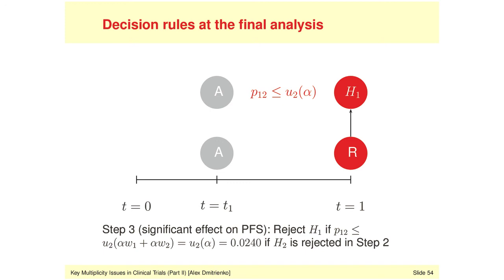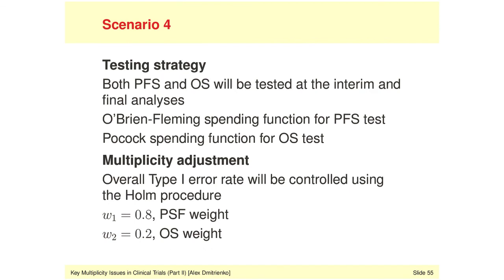This significance level is shown at the bottom of the slide. We have seen it multiple times before. That is the standard significance level derived from the O'Brien-Fleming alpha spending function, it's 0.024, and that is the level that will be used in step 3 to decide whether or not we have enough evidence to reject the hypothesis H1.